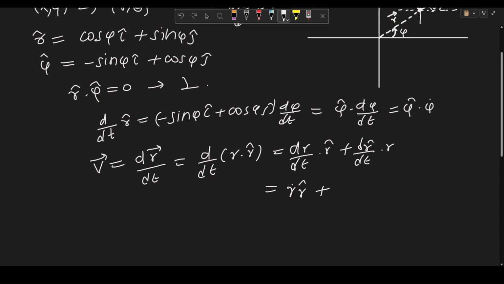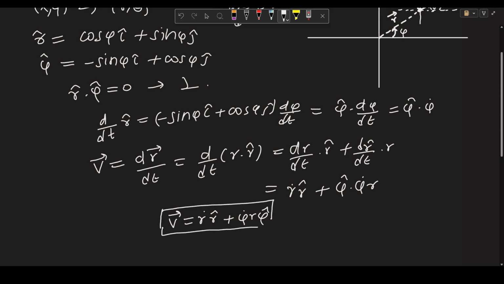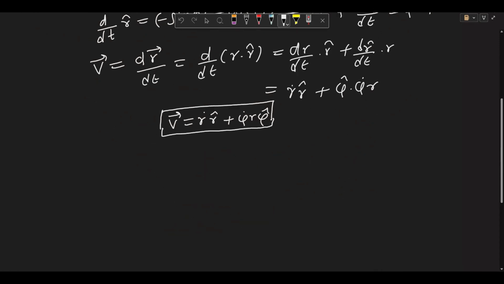What is d r cap by dt? We just found out, it is phi dot times phi cap. So what we get, velocity is r dot into r cap plus phi dot r times phi cap. A very new equation you might be seeing.